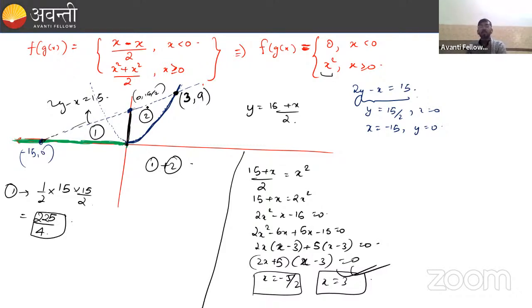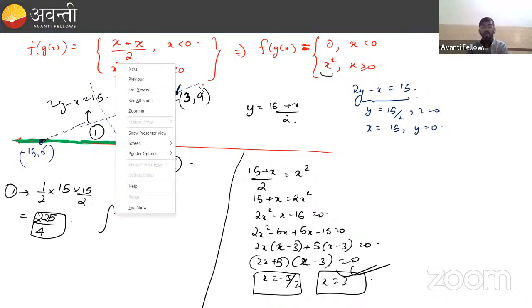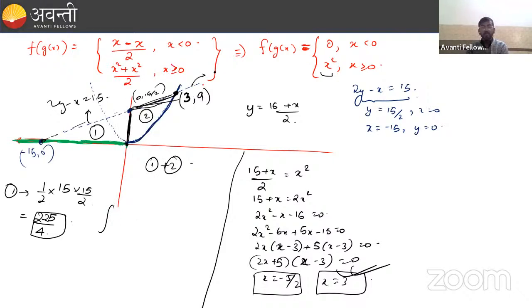Now for area of 2, we will integrate. First of all, let's name this line as f of x1, and this is our f of g of x. So we will integrate f of x1 minus f of g of x dx.